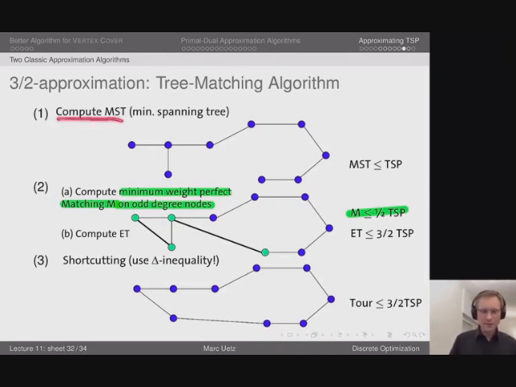It's computation of a minimum spanning tree. It's computation of matchings, minimum cost matchings. It's this shortcutting argument. We need the handshake lemma in order to know that there exists a perfect matching on these odd degree vertices. So we really need a lot of these combinatorial and beautiful arguments to make all that happen.